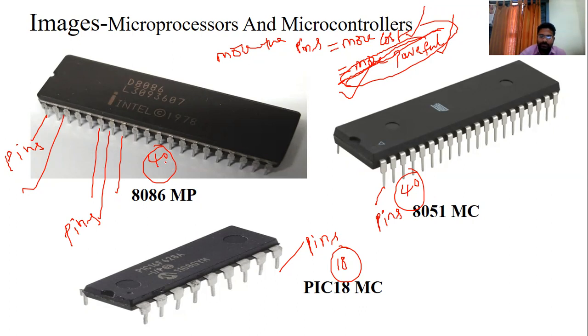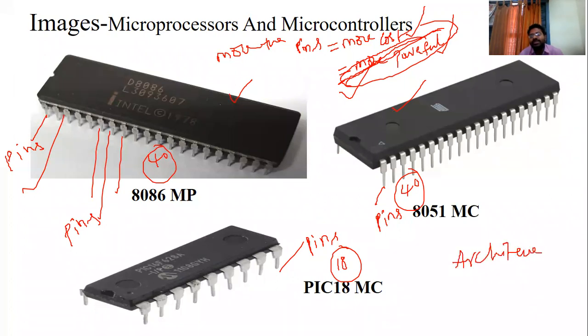So these are some basic images of the microprocessor. It looks like this. You see that the shape of the microprocessor as well as the microcontroller is similar, but internally the arrangement of the devices is different. That you can call the architecture.